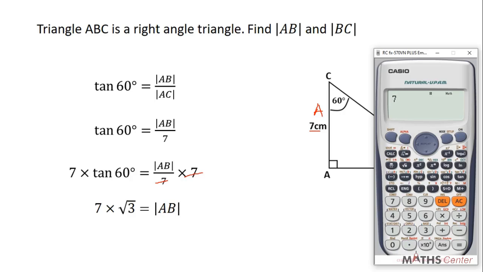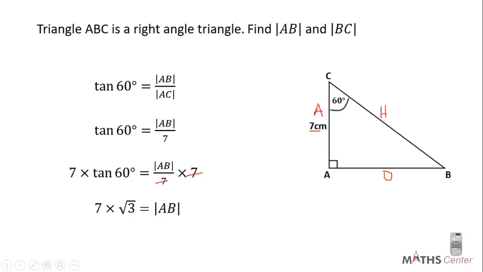So 7 times square root of 3 will give us this in surd form. If you watch the video on surds, we said that if you click on the S to D button, it will change it from surd form to decimals. So we have 12.124. The number goes on and on.